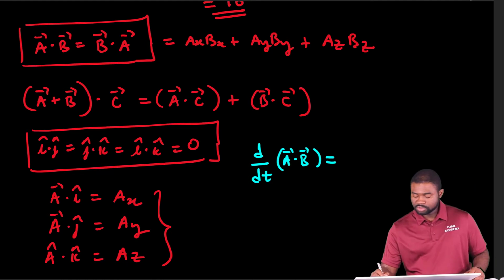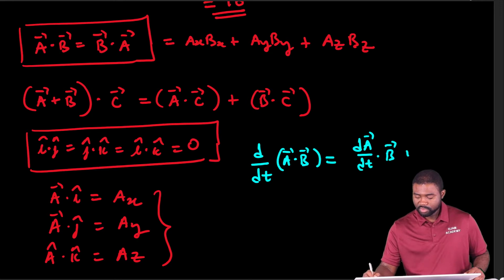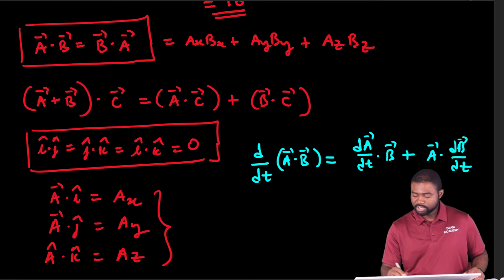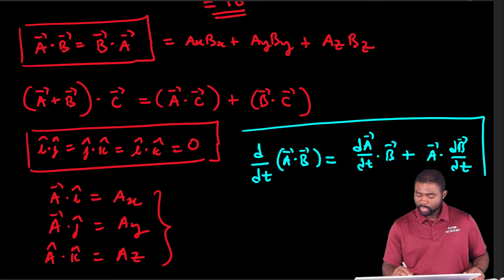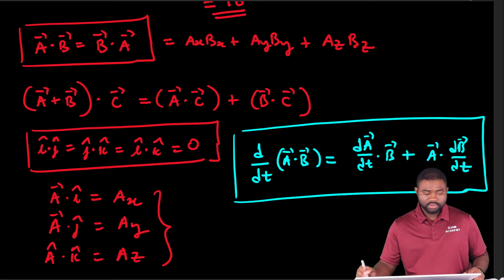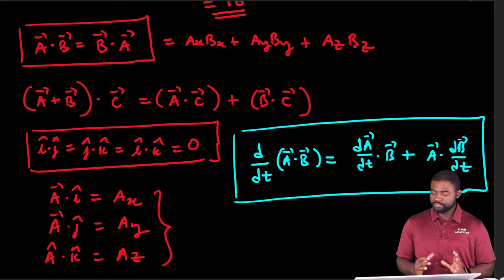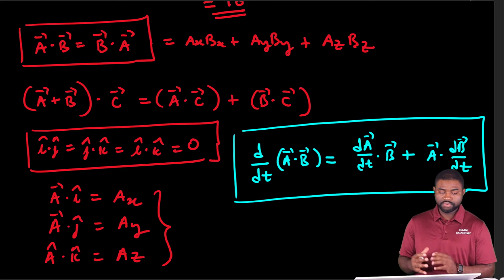This is equal to dA/dt dot B plus A dot dB/dt. This is the rule for differentiating a dot product, and please remember this rule. We are going to use it in the future.